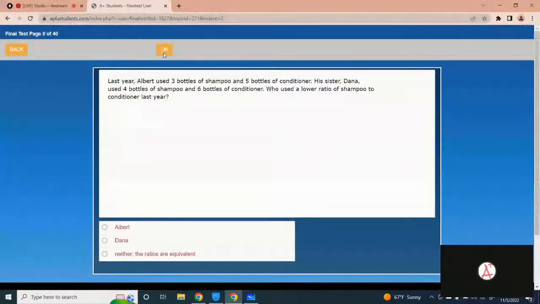Okay, last year Albert used 3 bottles of shampoo and 5 bottles of conditioner. Her sister Dana used 4 bottles of shampoo and 6 bottles of conditioner. Who has a lower ratio of shampoo to conditioner? 3 by 5 and 4 over 6. Got it?